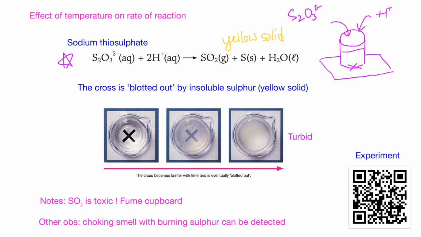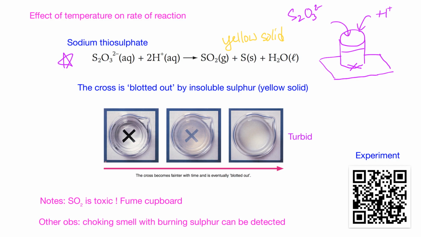So if we take the time from the very beginning that you add the acid in it, till the time that you can't see the cross, the time spent for the reaction to form sufficient yellow sulfur to cover up the cross, that will be the time that we're measuring.